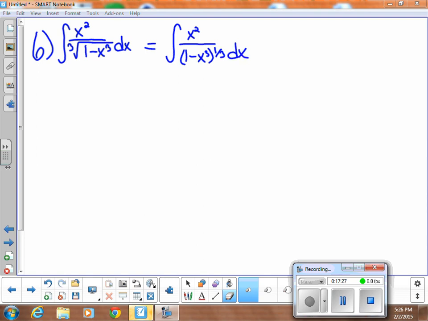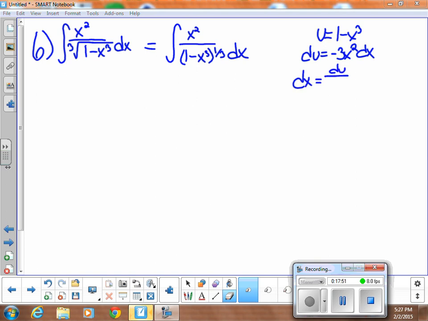So what's my most inner function? That is the more complicating part, is my 1 minus x cubed. So that's going to become my u. So du equals negative 3x squared dx. Solve for dx.